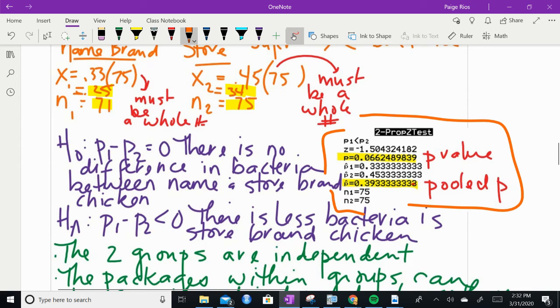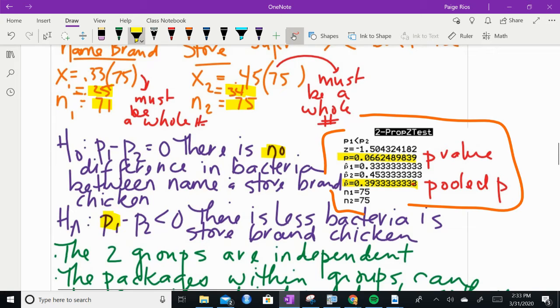So the first thing you do is set your null hypothesis. There's no difference, okay? It's the null, so there's no difference in bacteria between name and store brand chicken. And then for the alternative, if I'm looking to see if the store brand is safer, okay, the store brand was my first one.